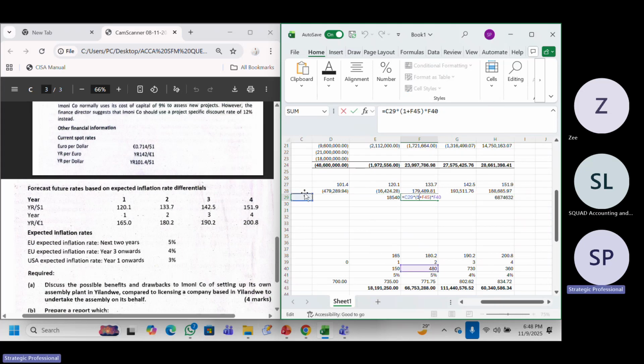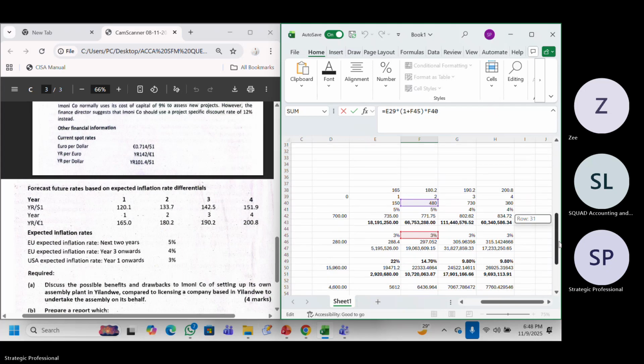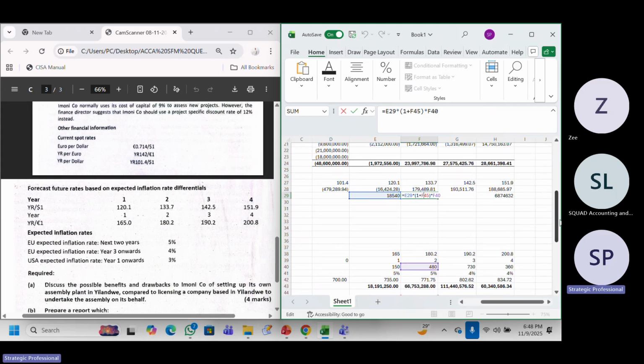This one will grow like this one. This is this. If I'm not mistaken, yes.